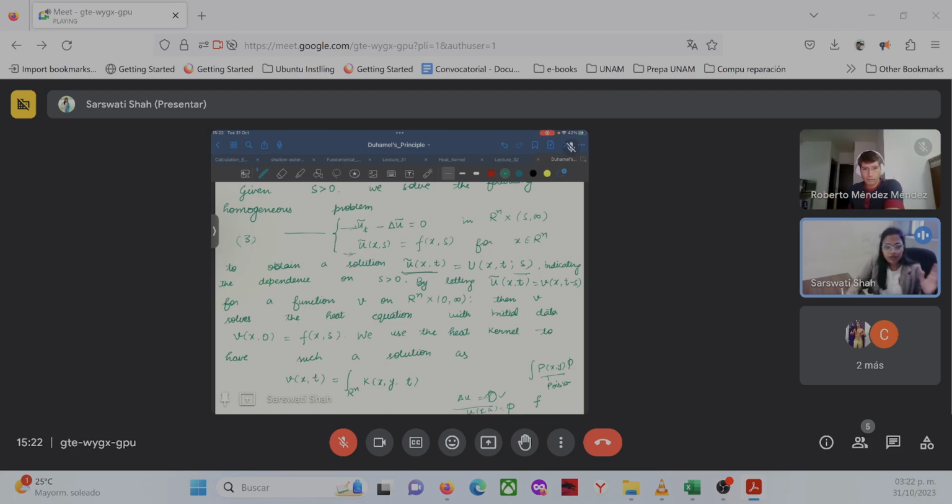In the same way, we have seen in the last class that the solution of the homogeneous heat problem is given in this form, where f is variable initial data, supported by the heat kernel. Is it clear to everyone or not?